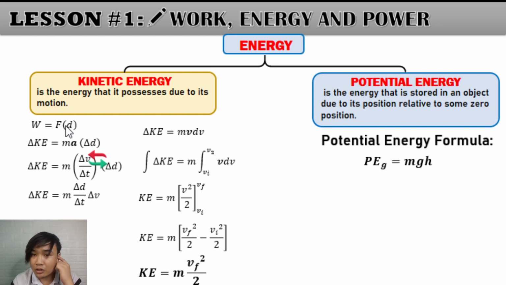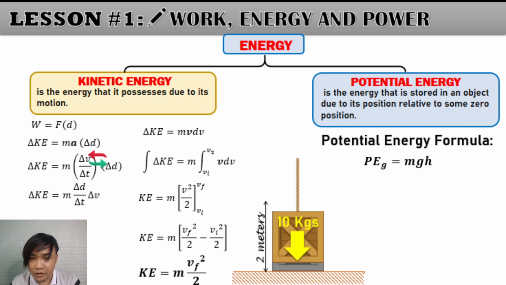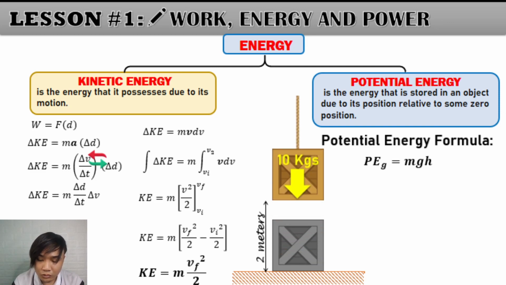The force is equal to mass times acceleration, and because this is gravitational potential energy, the acceleration is g, the gravitational acceleration. So that is mg. Then the distance is h, because gravitational potential energy is vertical. So, let's say we have a weight of 10 kilograms lifted upward 2 meters.